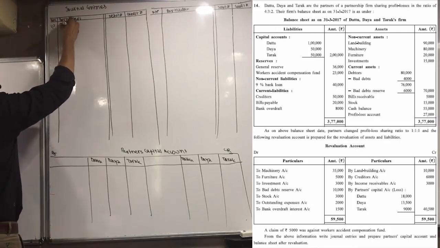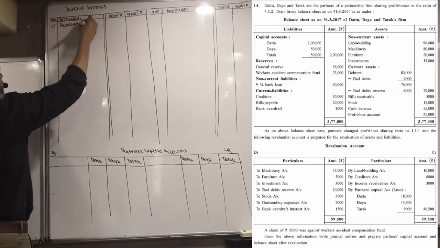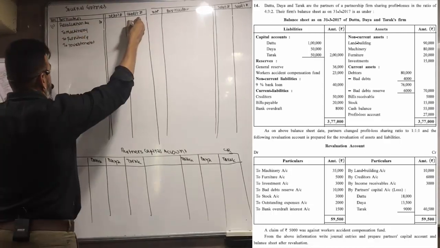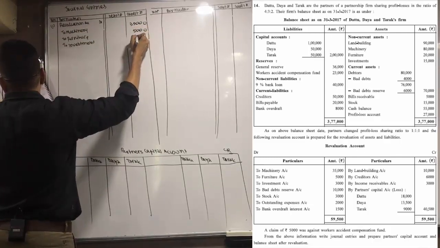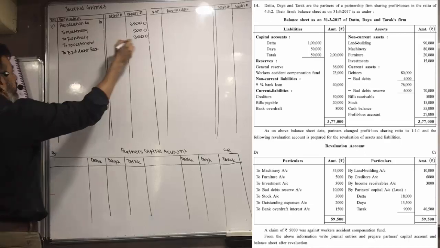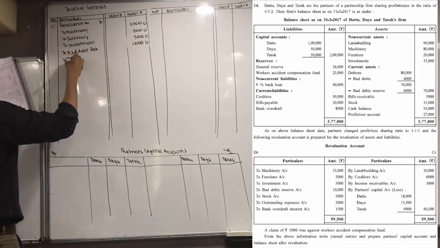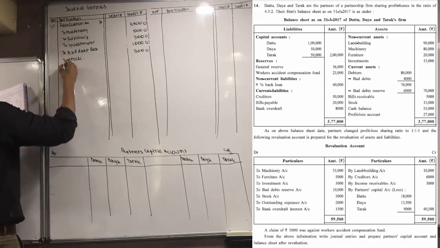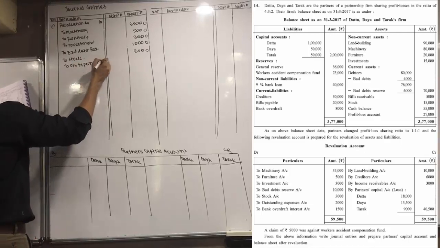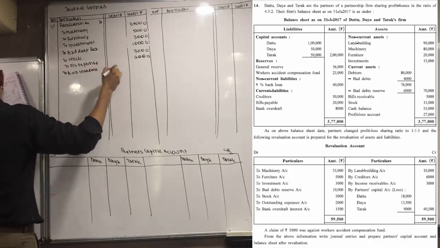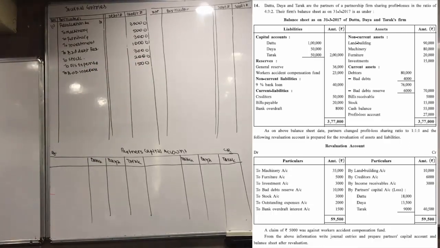To machinery 35,000, furniture 5,000, investment 3,000, to bad debt reserve 10,000, to stock 3,000, to outstanding expense 2,000, and to bank overdraft interest 1,500. Do the totals: 59,500.